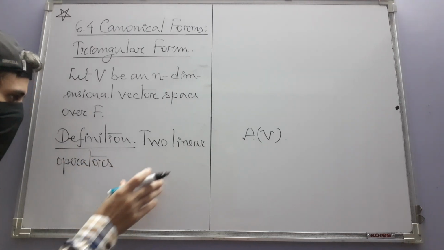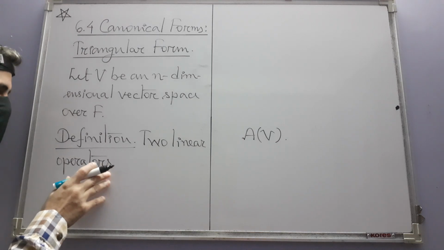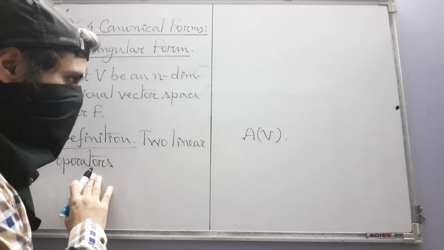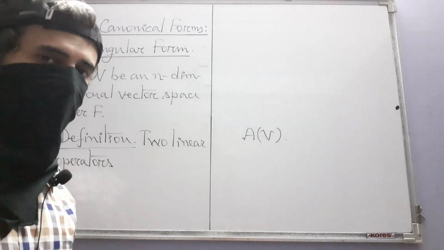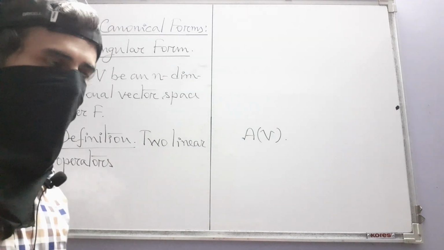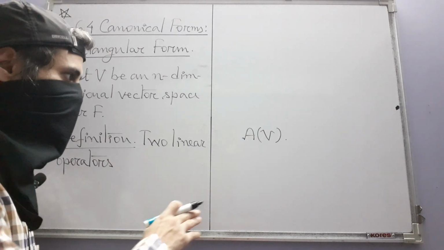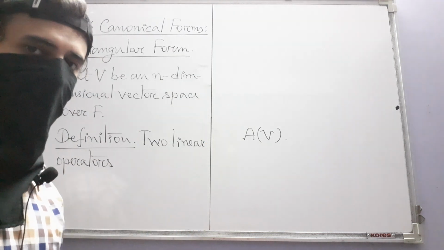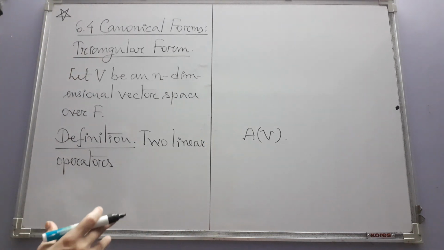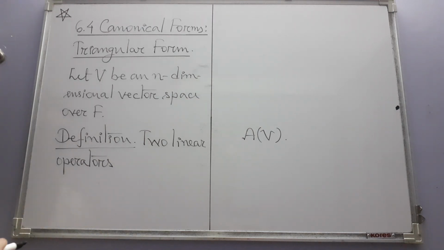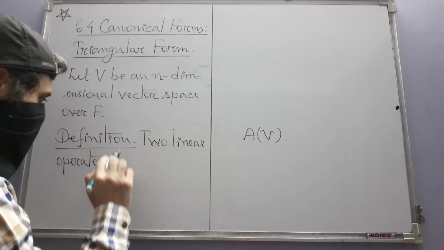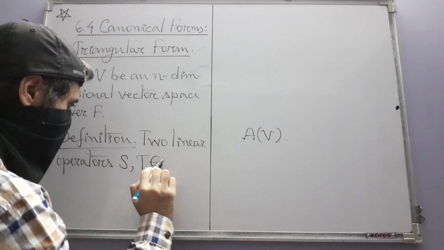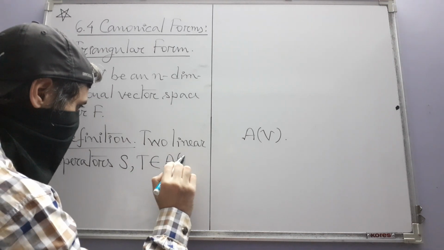In the text, it says two linear transformations. But I use the word operator when both the spaces are the same. In other words, when we consider a linear transformation from a vector space into itself, then such transformations particularly are called operators.